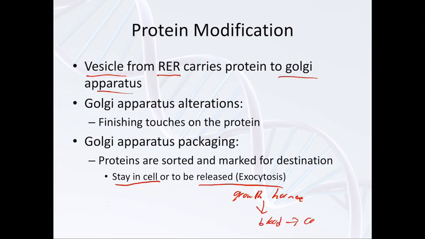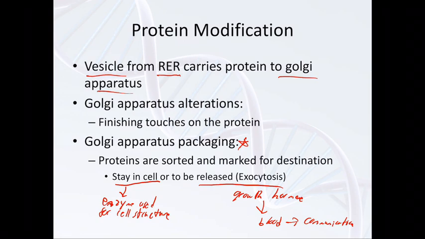But let's say it's a protein that's going to be an enzyme used for cell structure. One of those proteins that holds the cell together is going to stay right there in the cell. So it totally depends on what the protein's being used for, and the Golgi apparatus has the job of sorting, marking, and sending that protein where it needs to go.